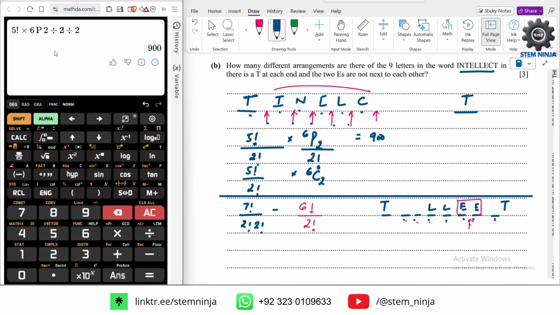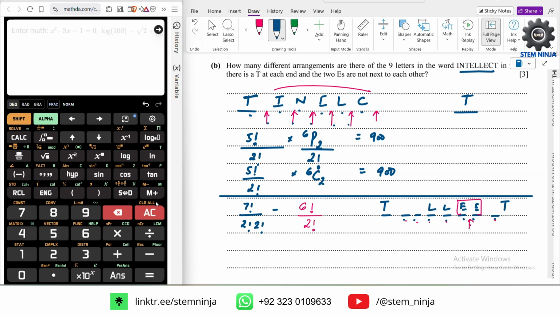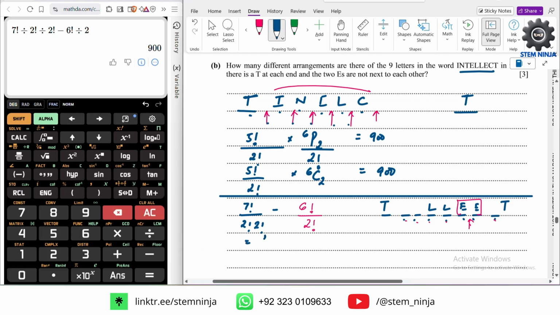So if we replace one of them by 6C2 instead, you see same 900. Now we test the second one, 7 factorial divided by 2 factorial divided by 2 factorial, minus 6 factorial divided by 2 factorial, which is just 2. So as you can see, we're getting 900.